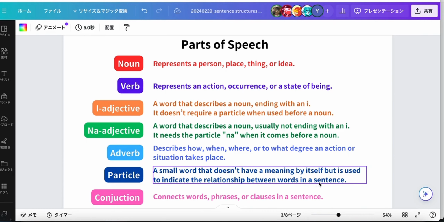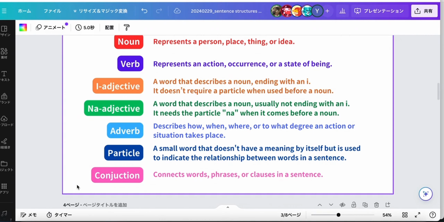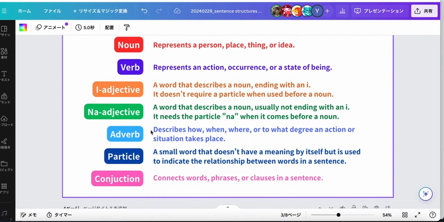So if you have a topic particle, you can see what word is the topic in a sentence. If you have an object marker particle, you can see which word is the object of the verb. And the last one is conjunction. So it connects words, phrases, or clauses in a sentence.